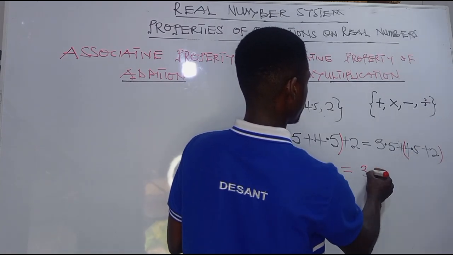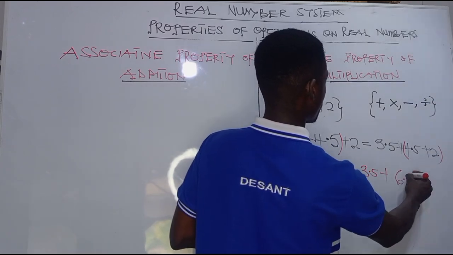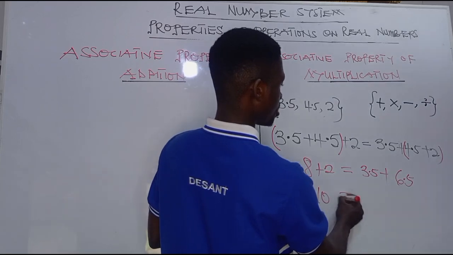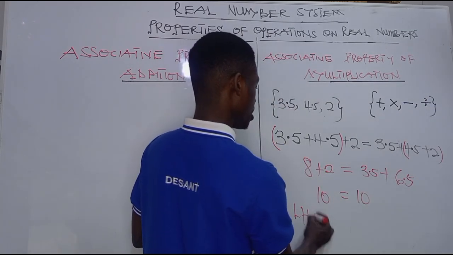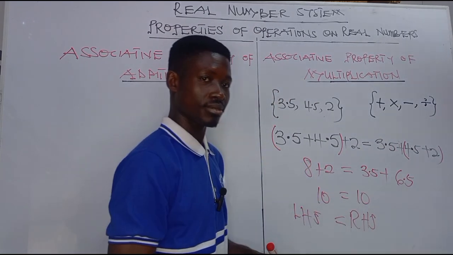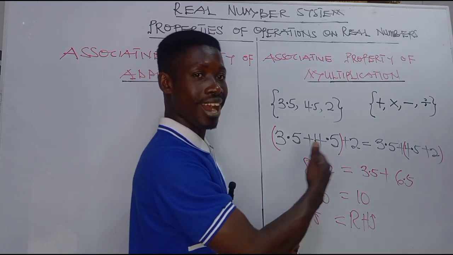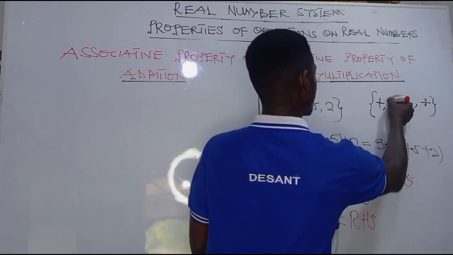We have 3.5 plus 4.5 plus 2 give us what? 6.5. This will give us 10. This will give us what? 10. So realize that the result on the left hand side is equal to the result on the right hand side. So no matter how we group the numbers when adding them, the outcome is still going to be the same. Let's use the multiplication operation.